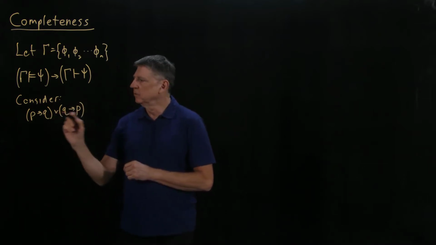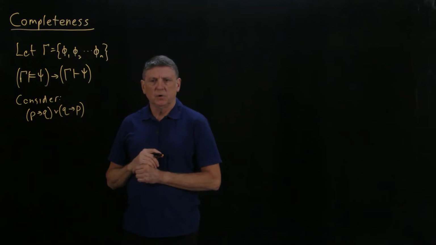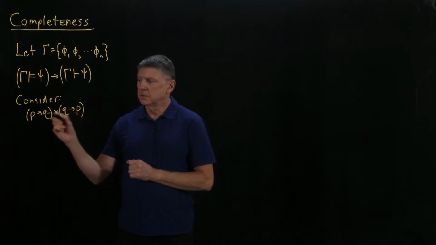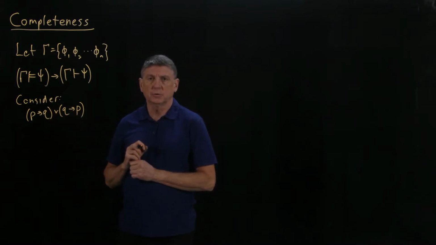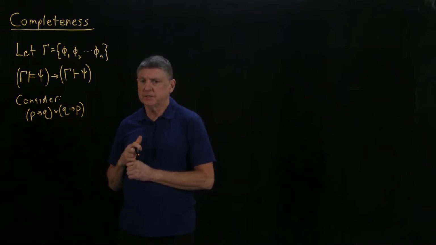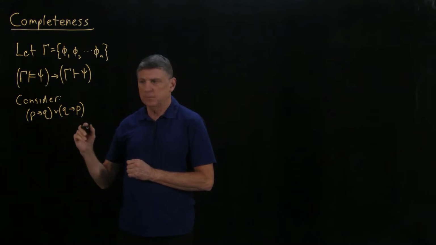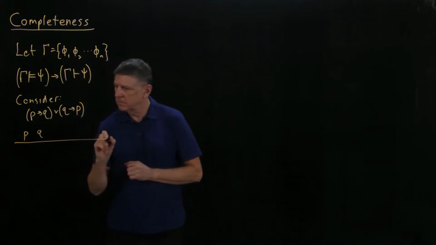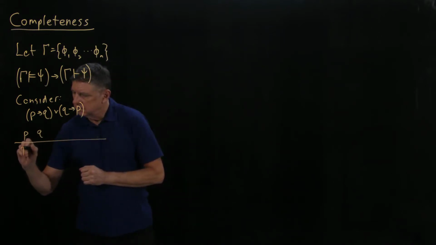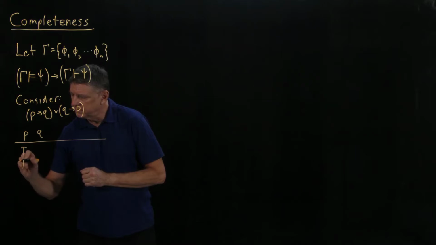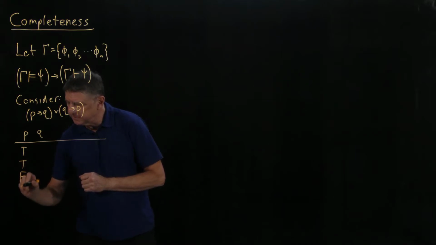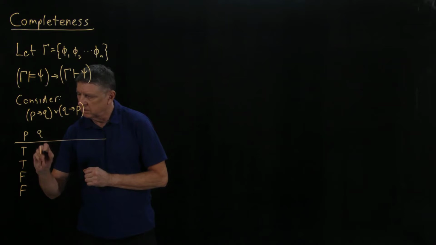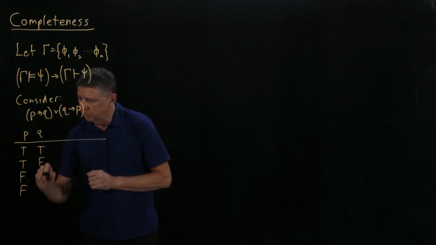And if we look at this, we might say, well, it's unclear whether or not this disjunction is always true. And in a previous session, we wrote down the truth table for it. Here we have our two atoms, P and Q, and the four combinations of truth values that these can take on are straightforward.